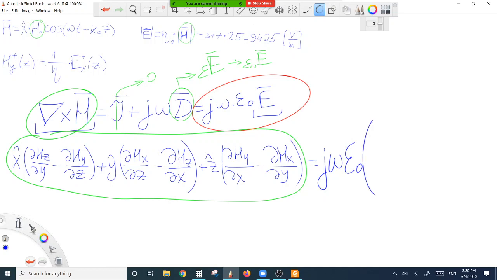That's why they go out of the bracket. And here we have x component along x plus y component along y plus z component along z.